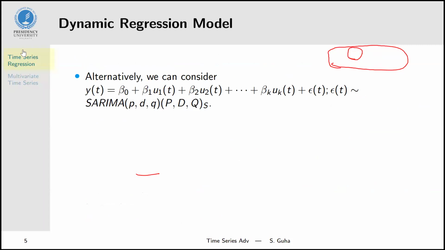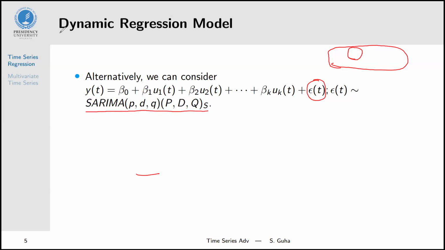But the only difference here is that for this error part, we no longer assume that it is IID, independent and identically distributed, but rather we assume that this error part is time series data. And we assume the most general kind of time series model for that, SARIMA (p,d,q)(P,D,Q). We already have discussed how such a model would look.